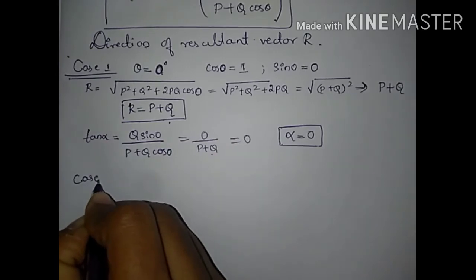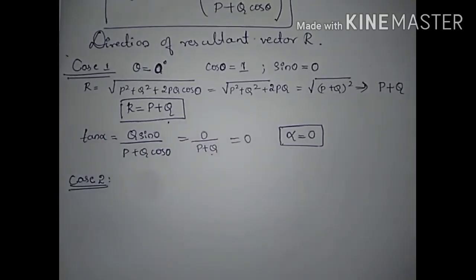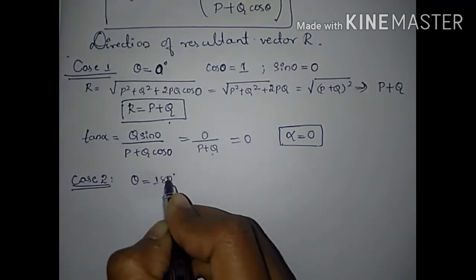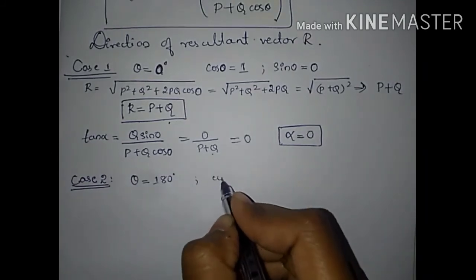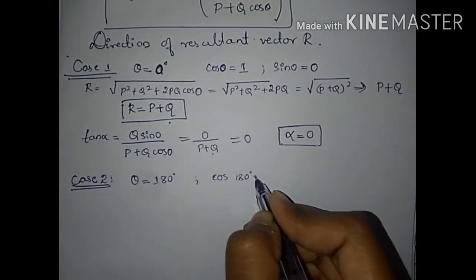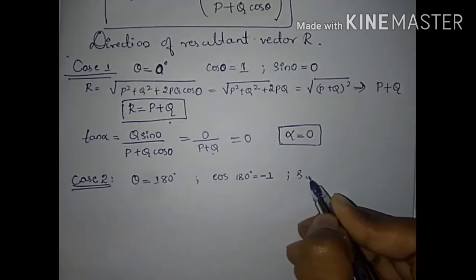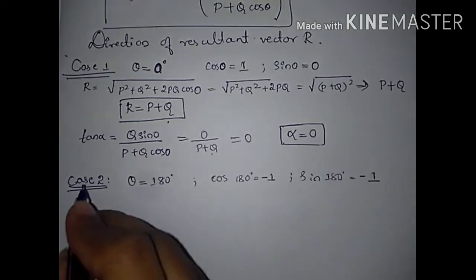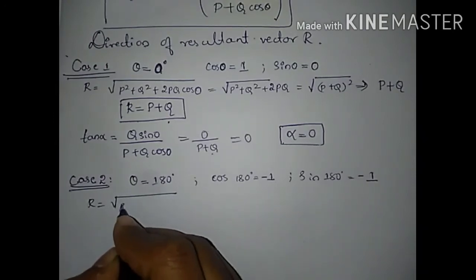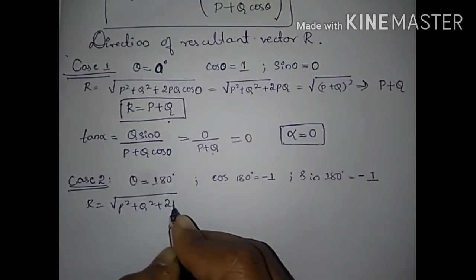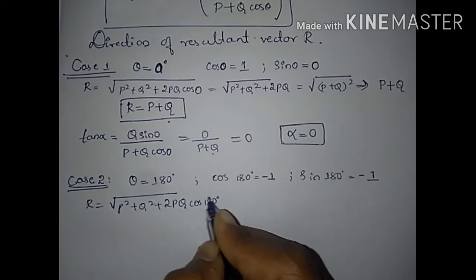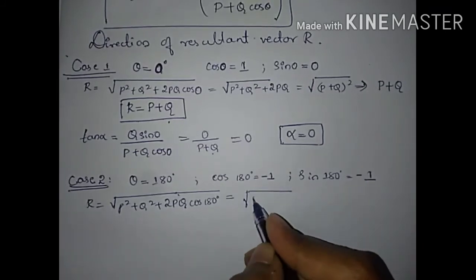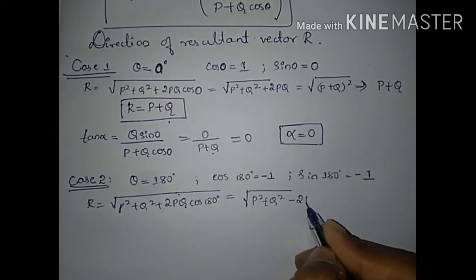Now case 2. Let us take theta equal to 180 degrees. Cos 180 degrees is minus 1. If you substitute that here, root of P square plus Q square plus 2PQ cos 180 degrees, you get root of P square plus Q square minus 2PQ.